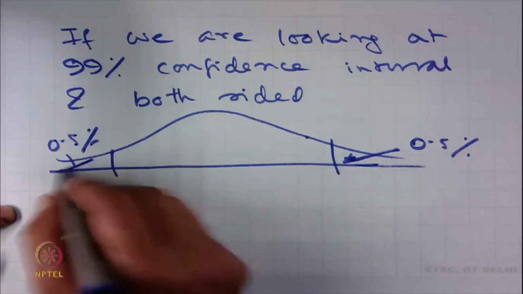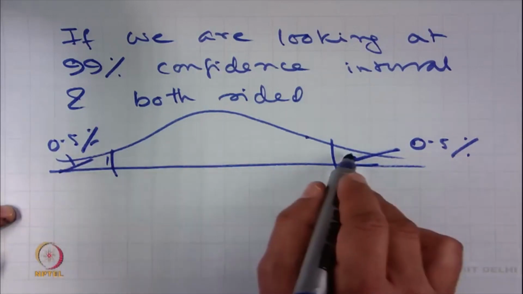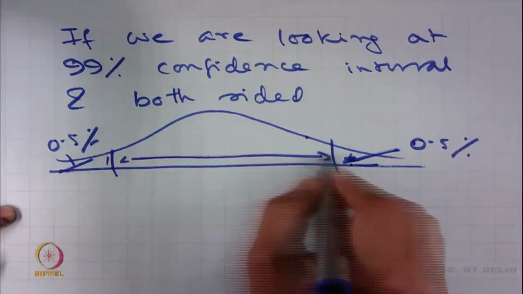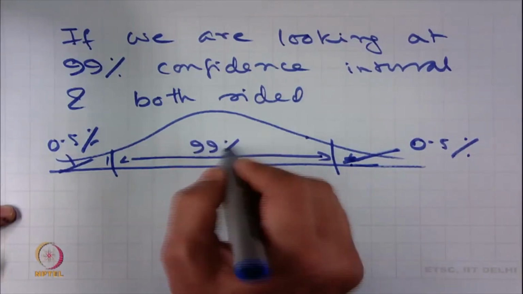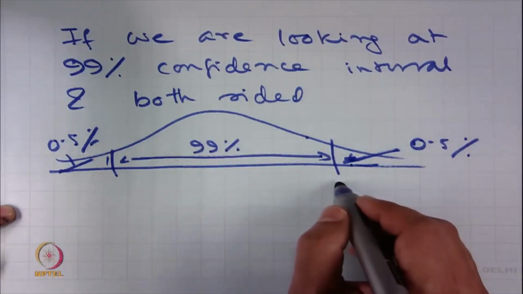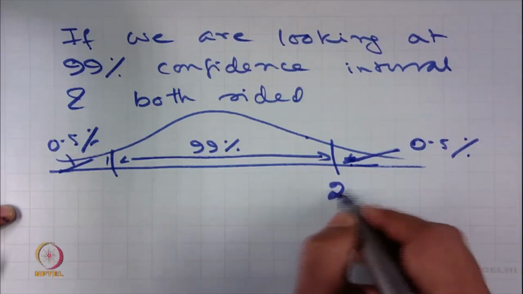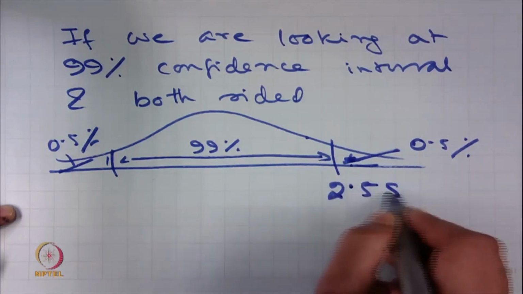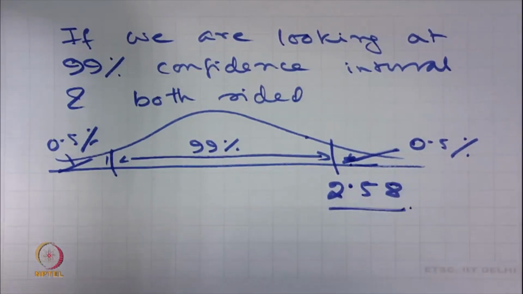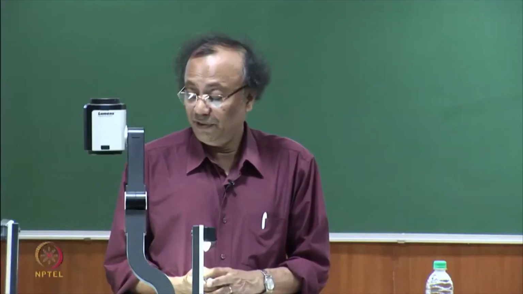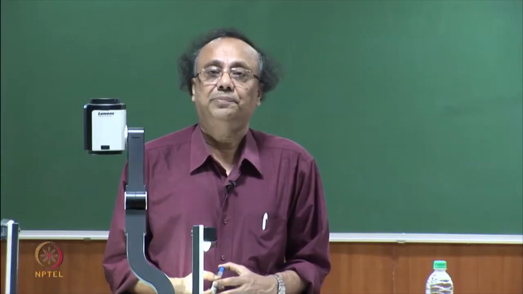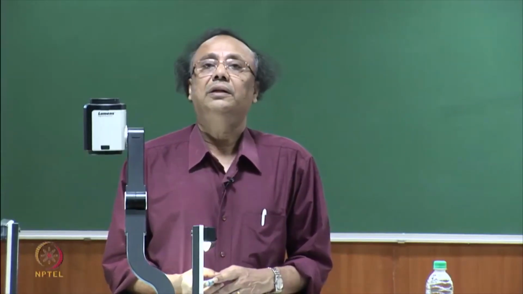That means only 1% are beyond this range, therefore, this is 99%. Then for standard normal, this value is 2.58. You should remember these values for solving problems with respect to interval estimation.